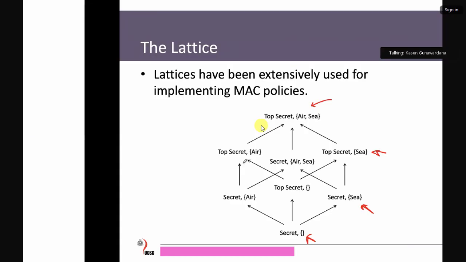And the relationship between these points defines what access is allowed.